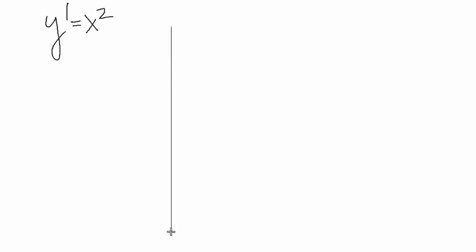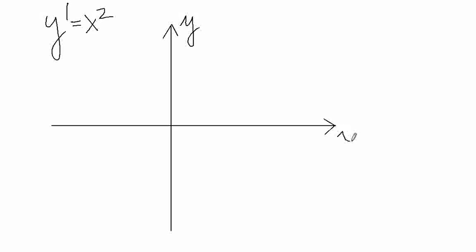Let's pretend that we didn't know how to solve this differential equation. Watch me determine the slope field anyway. So give me a minute to make an xy coordinate plane again.